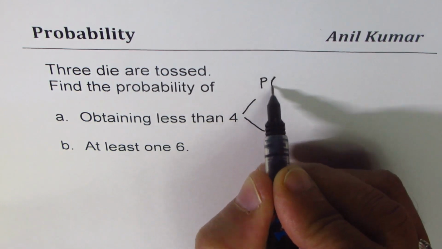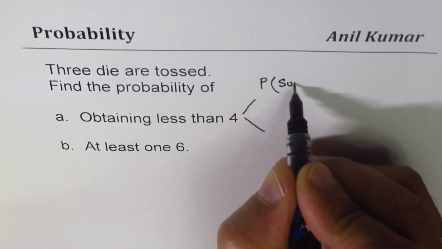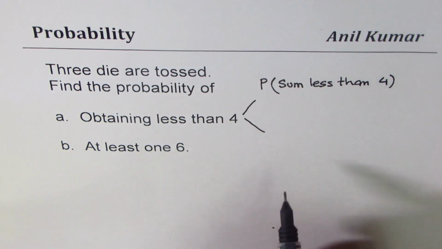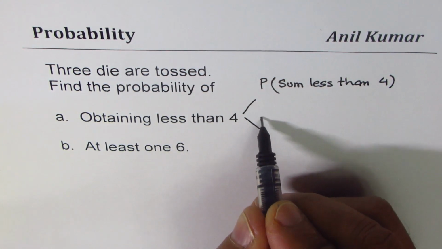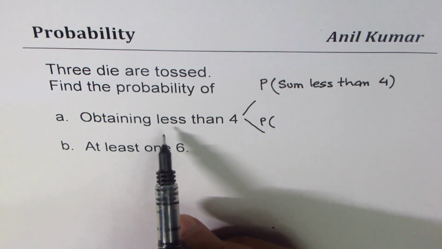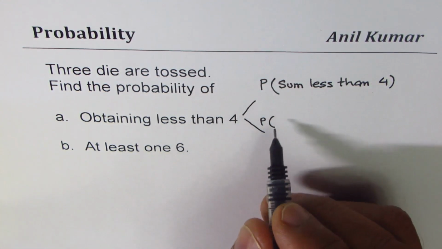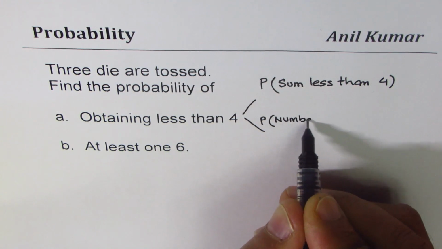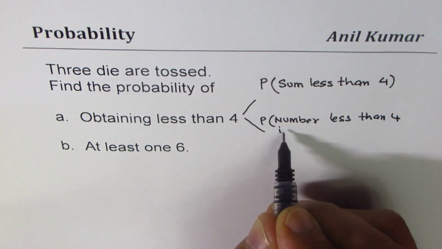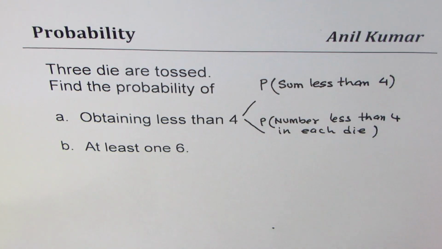First, the probability of the sum of 3 dice being less than 4, and second, the probability of obtaining a number less than 4 in each die. It could be any of these, right?